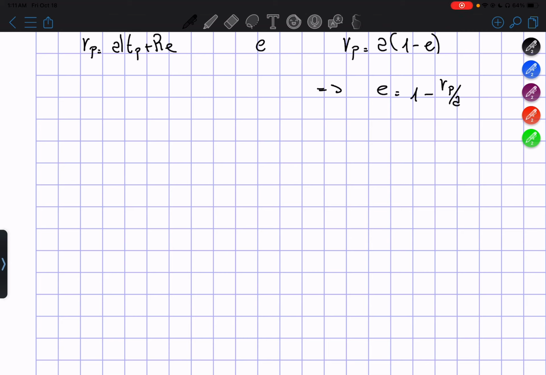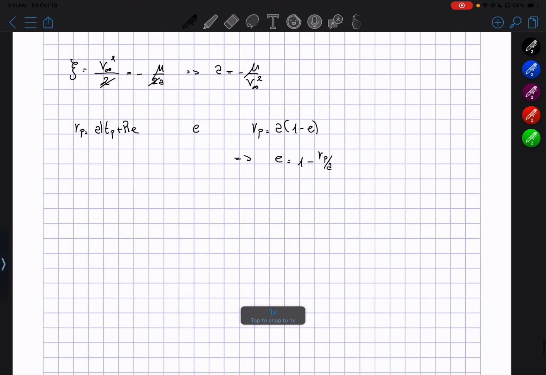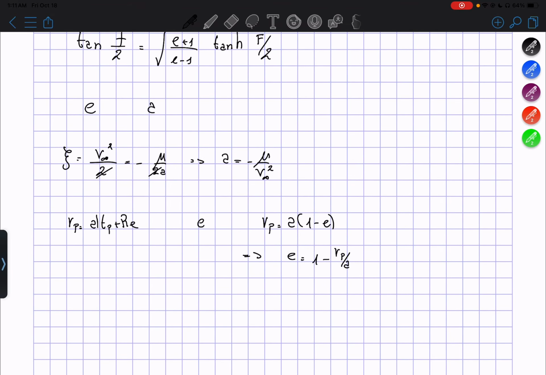And we have the final R equal to 42,164 kilometers. Then we can find a by doing negative mu divided by V infinity squared.